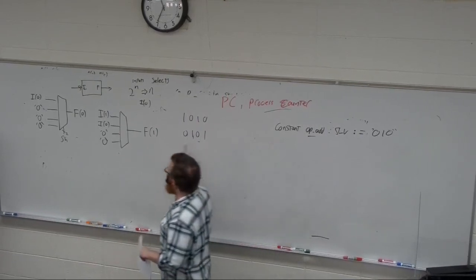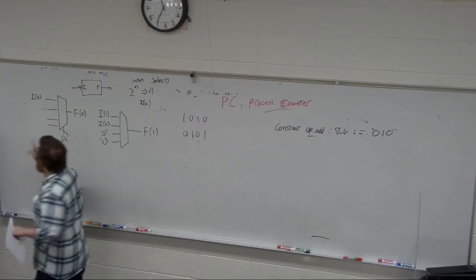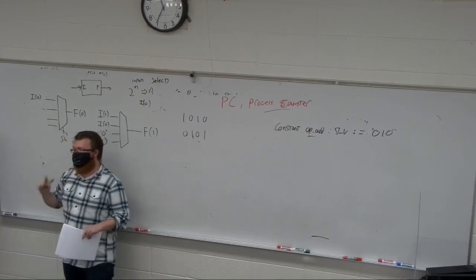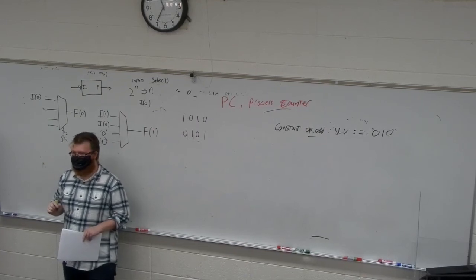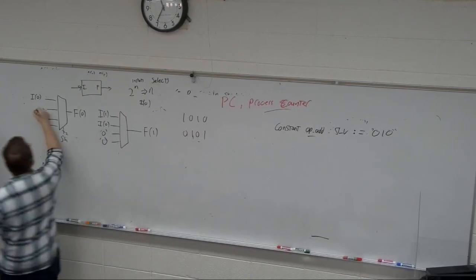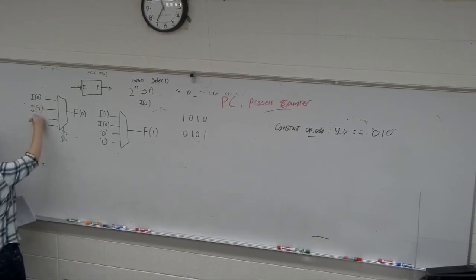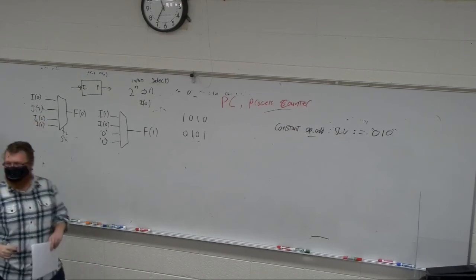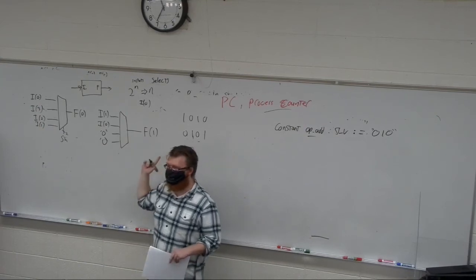So let's do that for this one. If I shift by 1, what do I get? Exactly, I get I3. If I shift by 2, I get I2. And now I just wrap those around on down the chain.